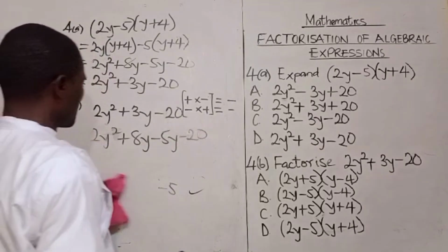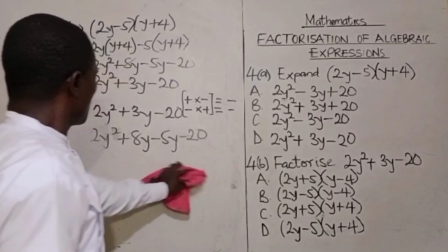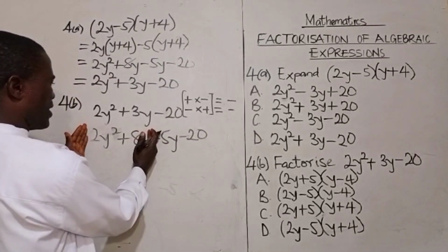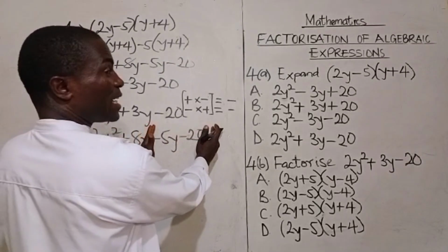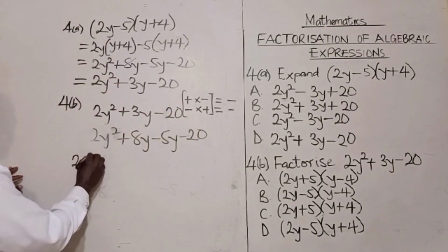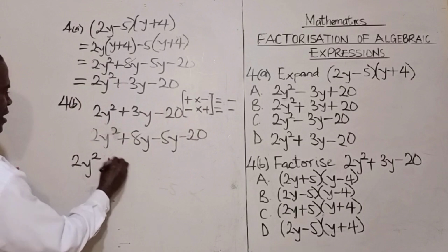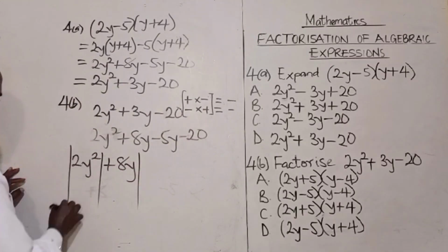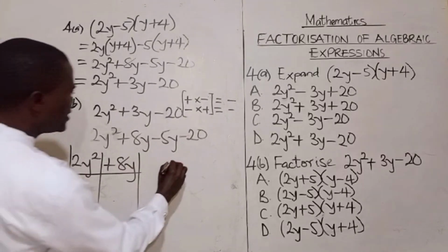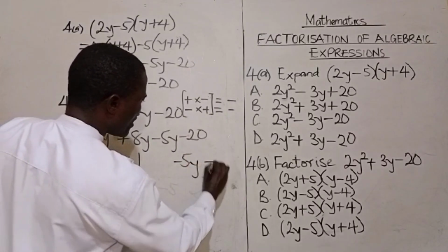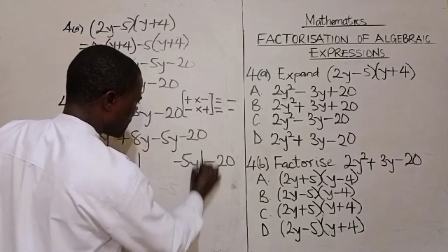So at this point, we can now do the pairing properly. This and this can be paired. Then this and this can equally be paired. We are going to have 2y squared being paired with 8y. Then minus 5y being paired with minus 20.